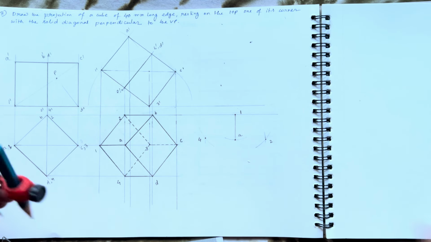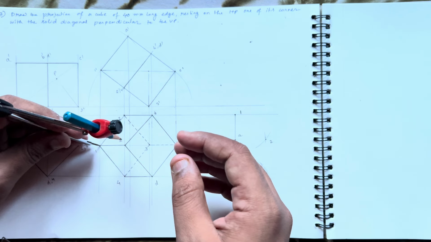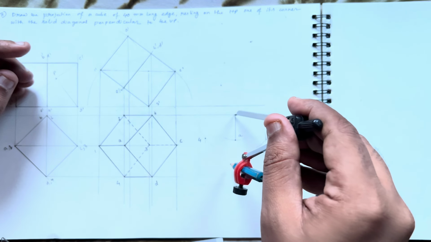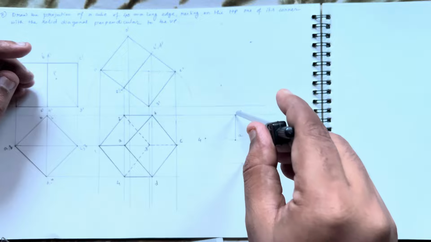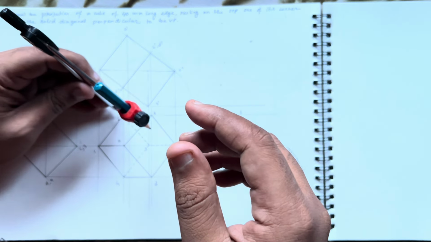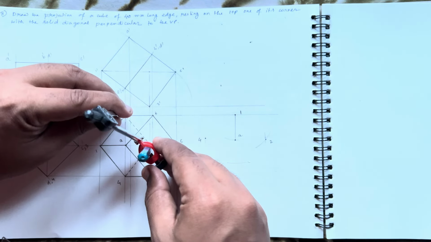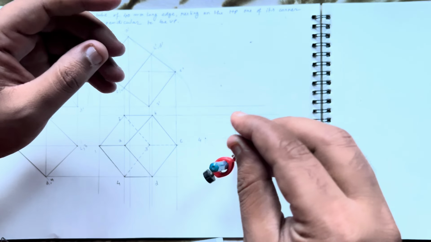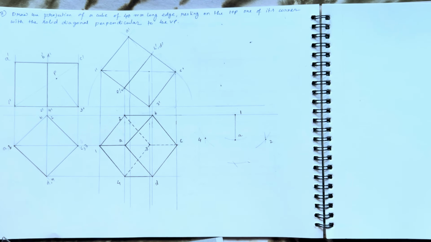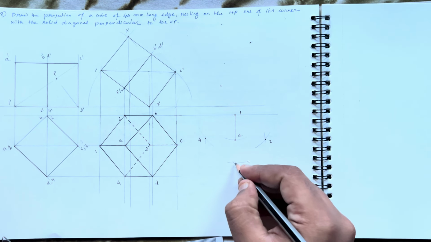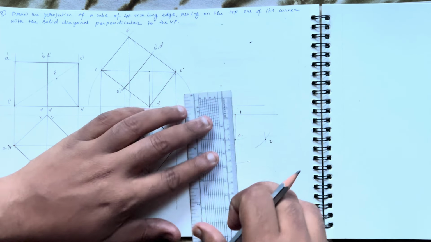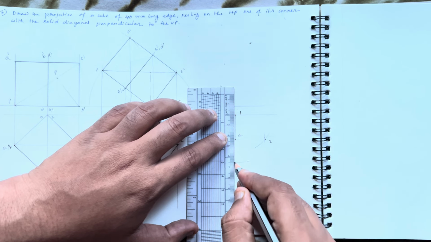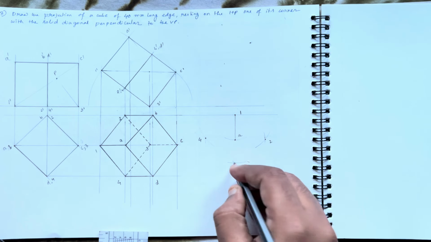Now for 3, from 1 to 3 we measure. So from 1 to 3 measure, and from 2 to 3 measure, so we get the point 3. So this is your 3, and you can see this is in this line also. Okay, so this is your point 3.